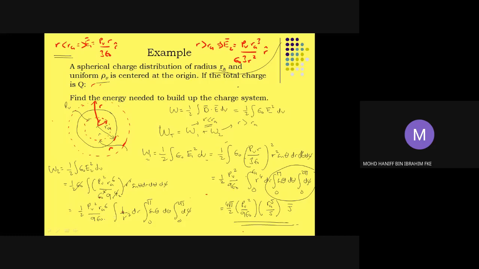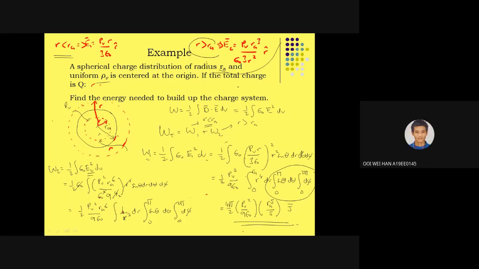Wei Han, can you please help me on what should be the range of R for this integration number 2? Zero to R. Okay, W2 is related to E2, right? So E2 is for which region, Wei Han? E2 is allowable for which region?